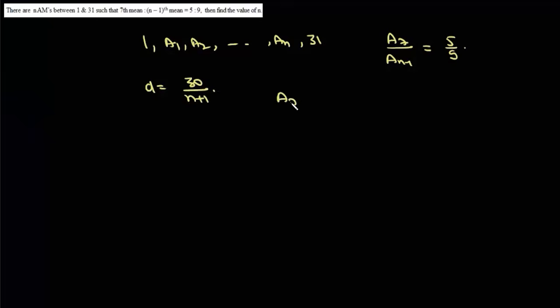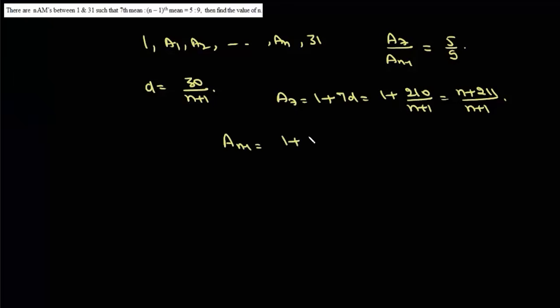Now this a7 will be a plus 7d, which is 1 plus 210 upon n plus 1, and that will be (n plus 211) upon (n plus 1). So that's your a7. And then we need to find a(n minus 1).